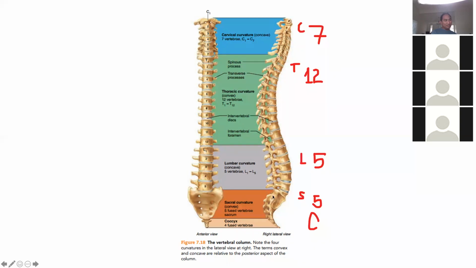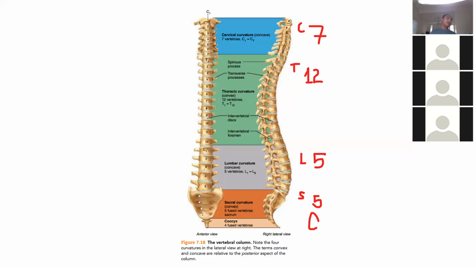And finally, it becomes the sacrum. And at the tip, it becomes a very small bone, which is what we call the coccyx. So these terminologies are not new for you. Cervical portion of the spine, thoracic portion of the spine, lumbar portion of the spine, and sacrum, which is in the axial skeleton. And at the lower end of the sacrum, we have the coccyx.